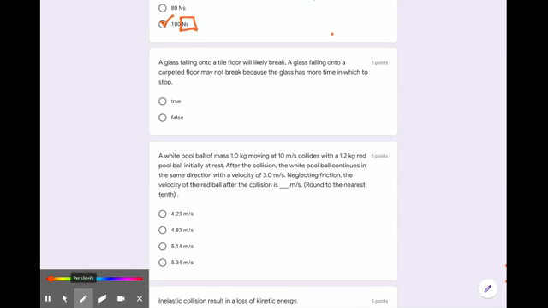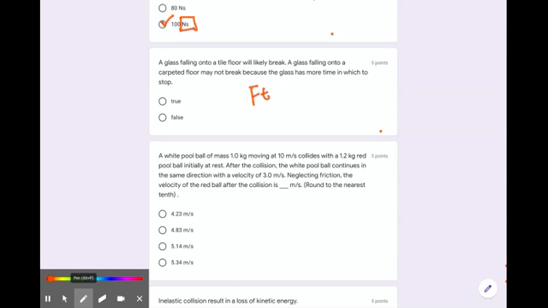All right, next. A glass falling onto a tile floor will likely break. A glass falling onto a carpet floor will not break because the glass has more time in which to stop, which is true. Because remember the momentum. Momentum change, how much momentum at the end, depends also on time.